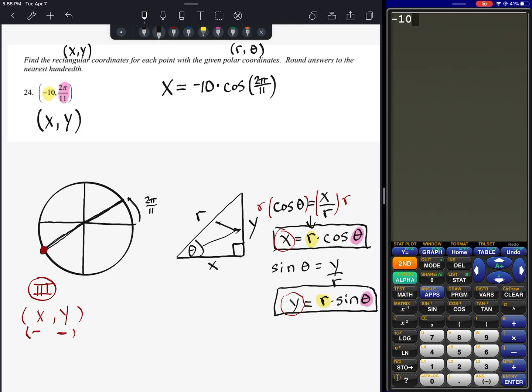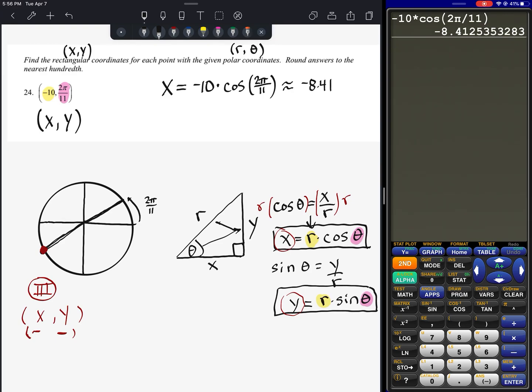So I'm going to say -10 times the cosine of 2 pi divided by 11. And the answer I get there is -8.41 when I round to the nearest hundredths place.